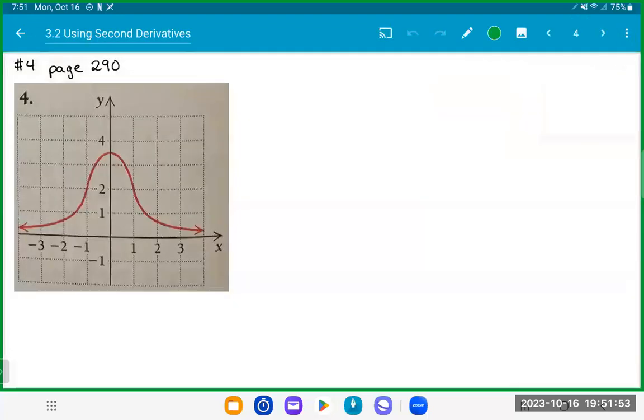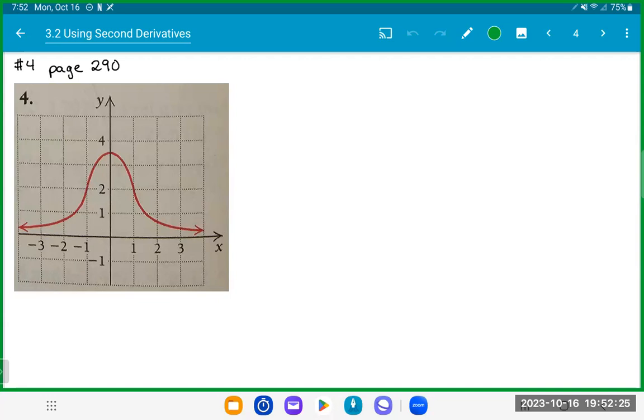All right, so for this first problem, if you want to look at this, it's on page 290 of your textbook, number 4. And so what this problem is asking us to do is it wants us to identify the points of inflection. It wants us to identify the intervals where the function is concave up and where it is concave down.